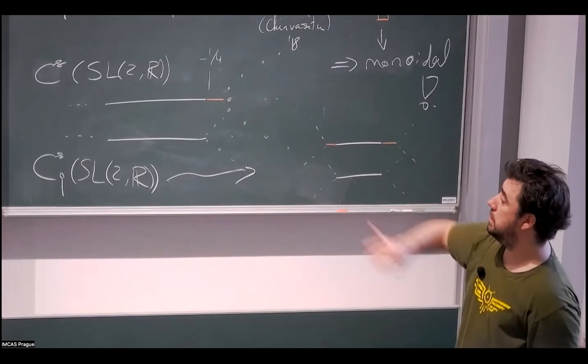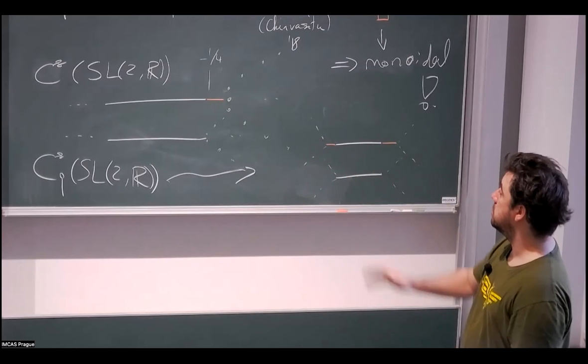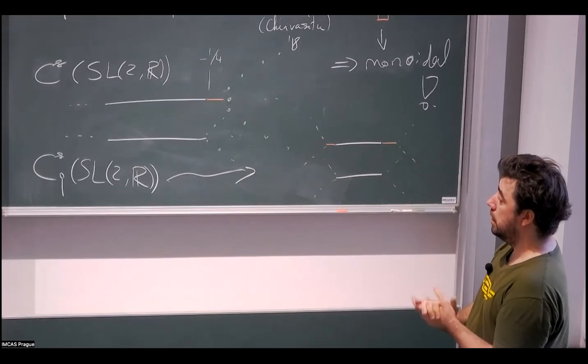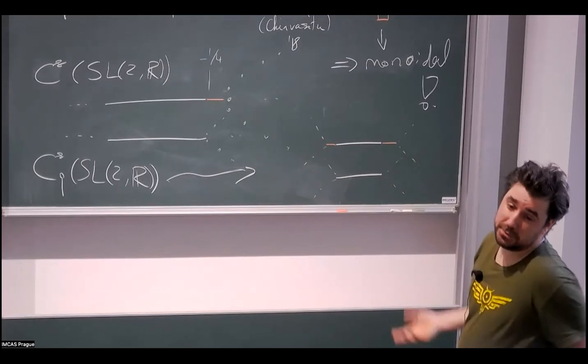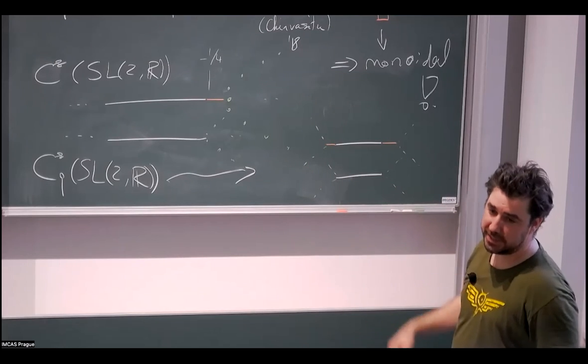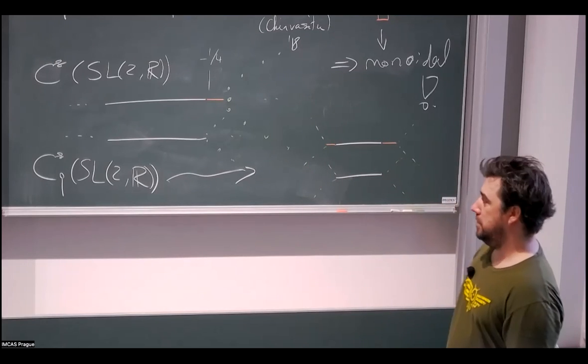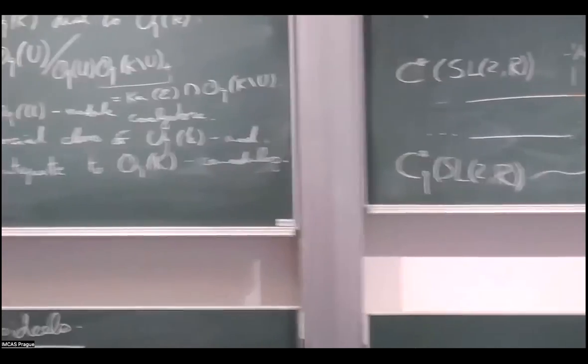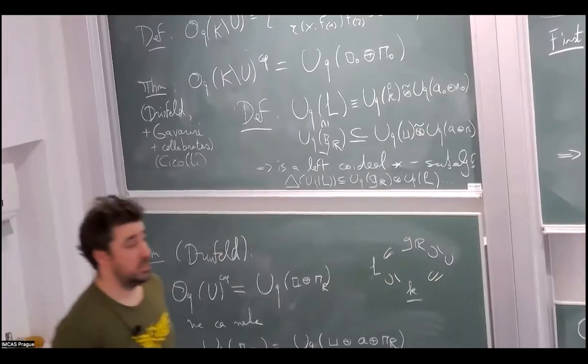And here we see, at least in rank 1, that it also happens for this real case. The question is what happens in the general case, and this is going to take some time to figure out, I think. But the representation theory is genuinely different. Yeah, okay.